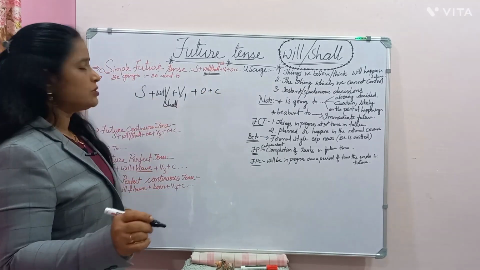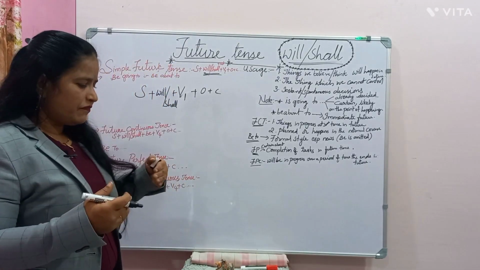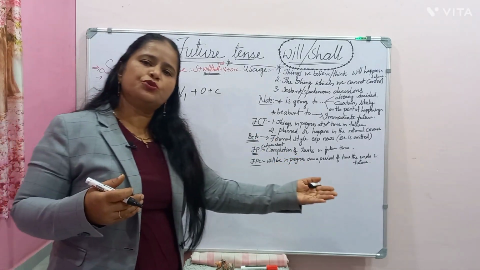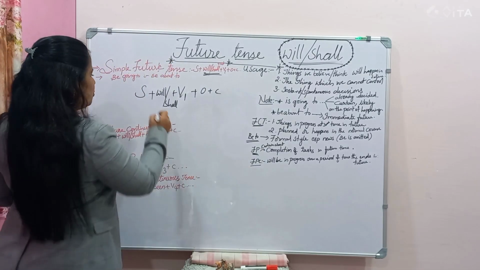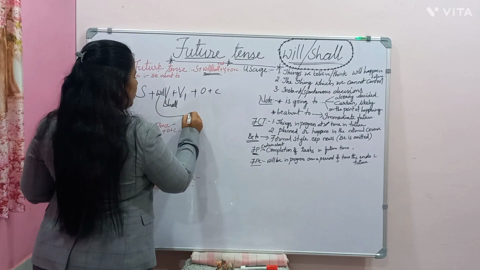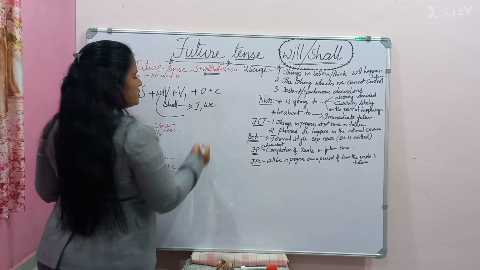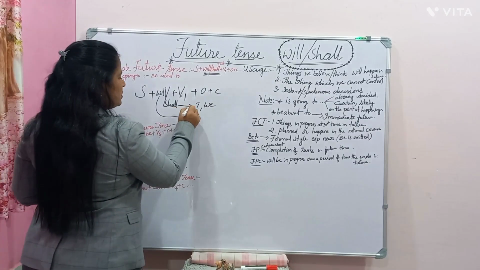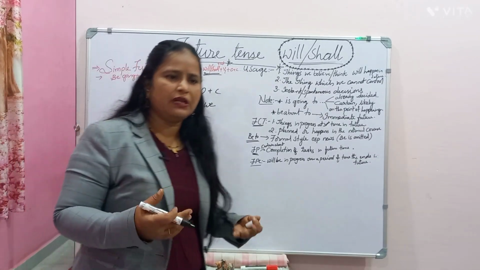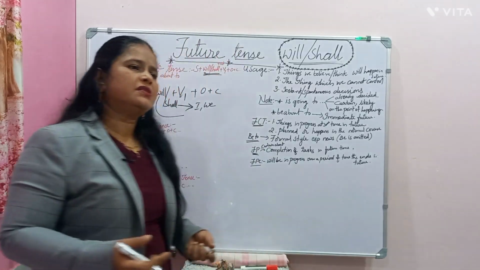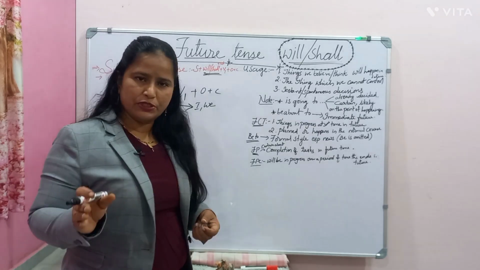When do we use this? The basic thing is about the future. After this moment, if something is going to happen next, then we use will or shall. You all know that with I and we, the first person, we use shall. But in spoken or written language, people, especially in American English, have omitted shall.